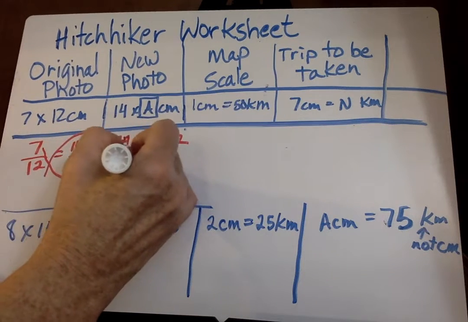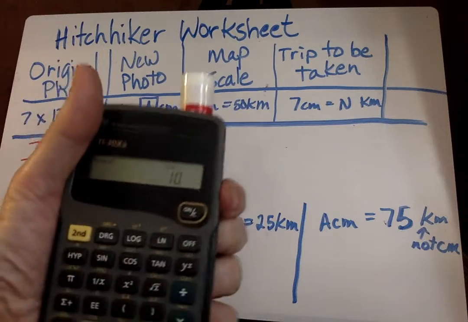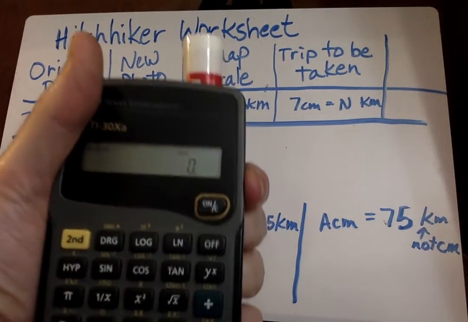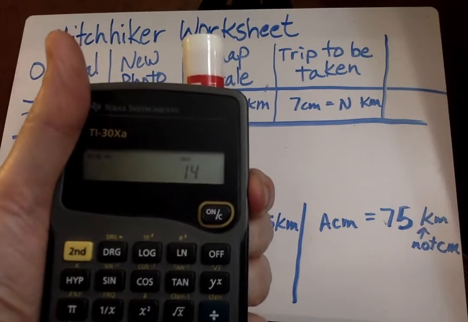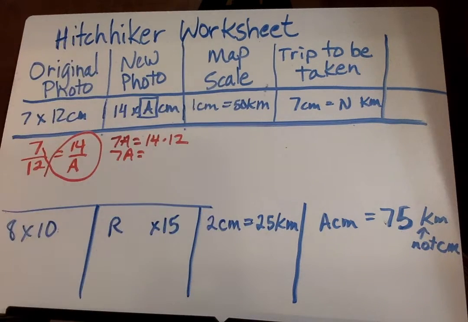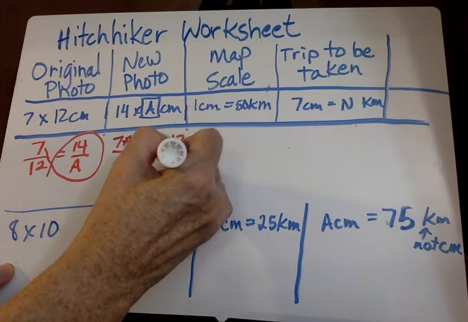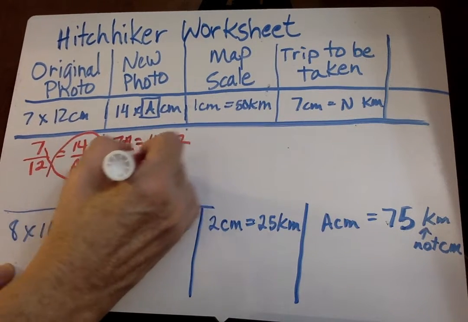So 7A equals, handy dandy calculator, 14 times 12, 168. Divide by 7.